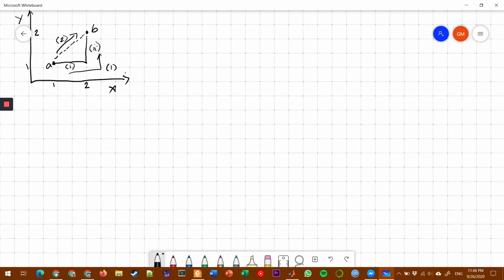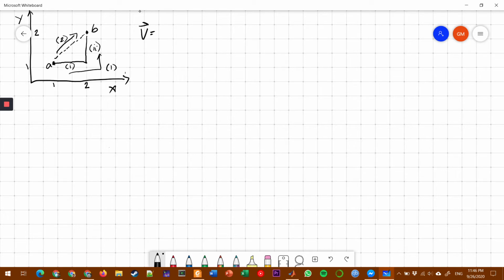And then we want to find the integral, the line integral going from path 1. So this is path 1 and this is path 2, and our vector function v is equal to this. So this is your vector function.